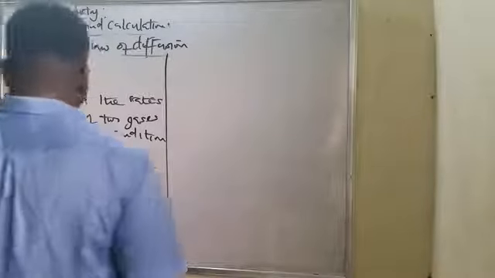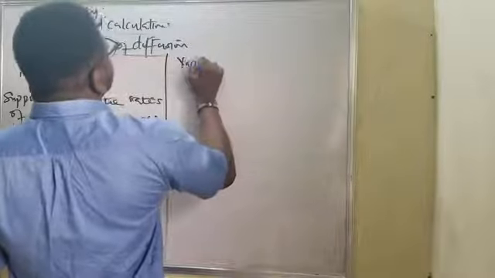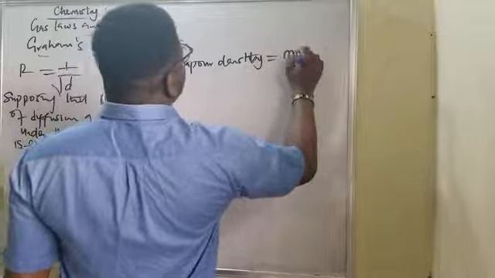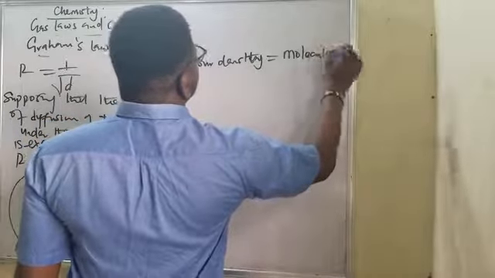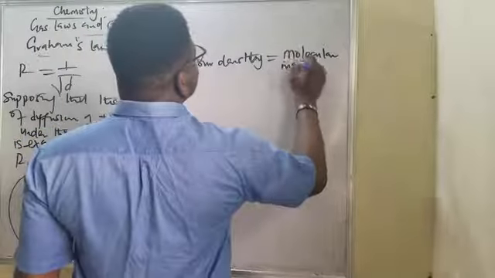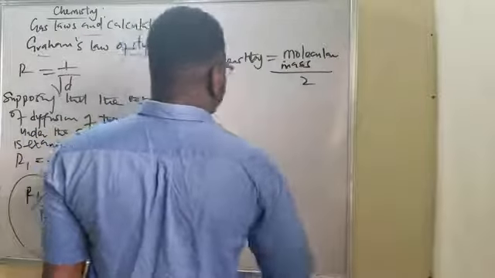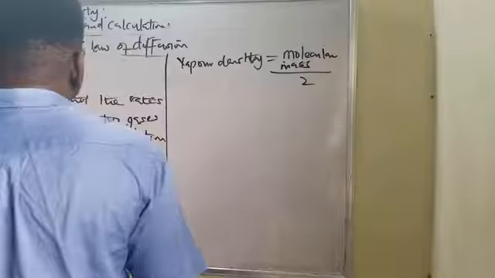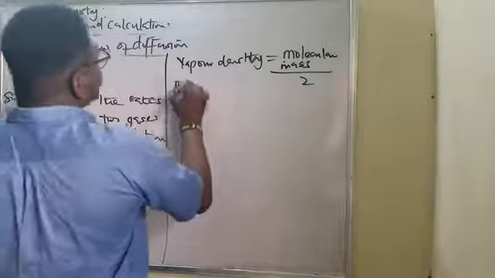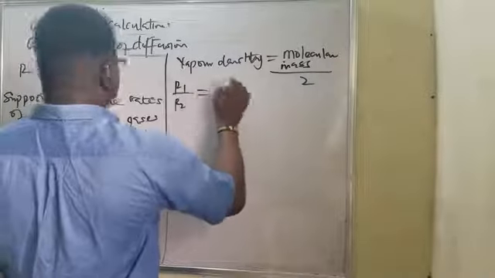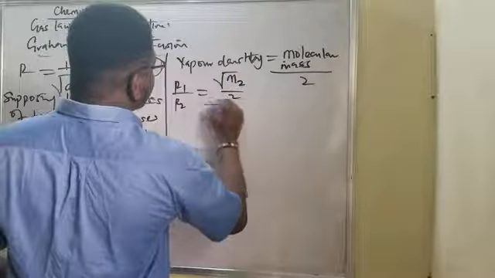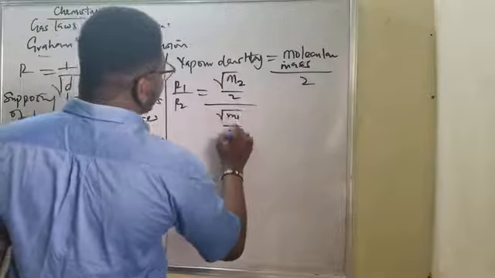Now, recollect that our vapor density is equal to our relative molecular mass over 2, right? So I can substitute the vapor density with the relative molecular mass. Let's play around with that, where I have R1 over R2 equal to the square root of M2 over 2 all over M1 over 2.